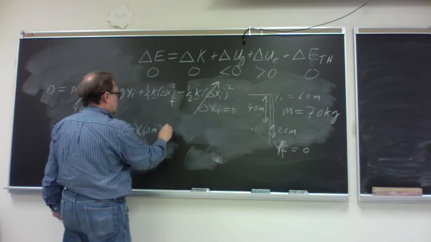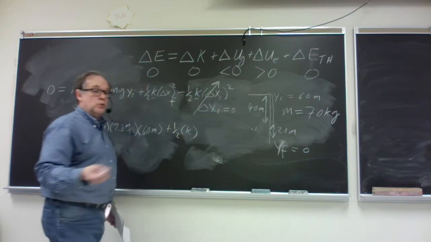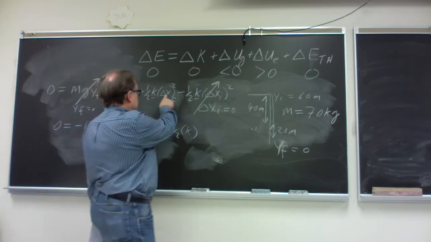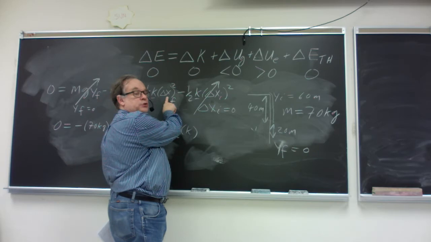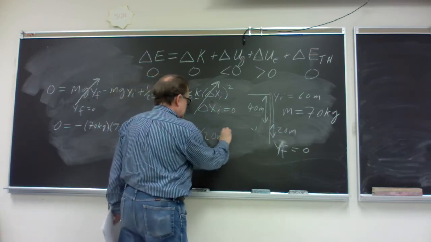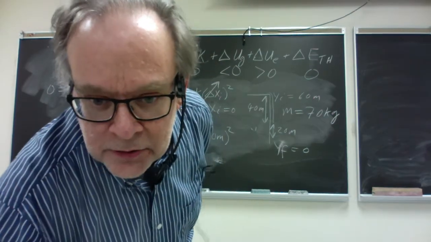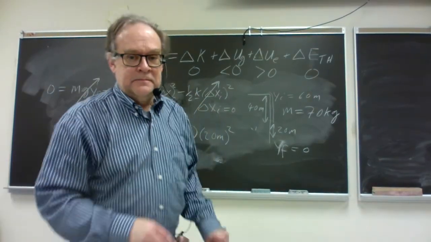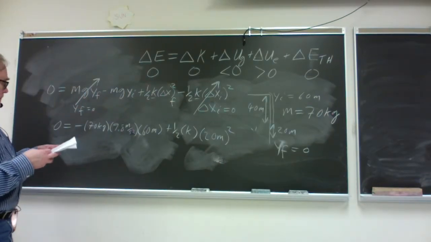And then this term, plus 1/2 k, we don't know that, that's what we're trying to find, times the final displacement after the rope has been fully stretched, squared, and the amount of stretching is 20 meters, not 60, not 40 either, 20. So that's enough. We can do all the numbers now and solve.